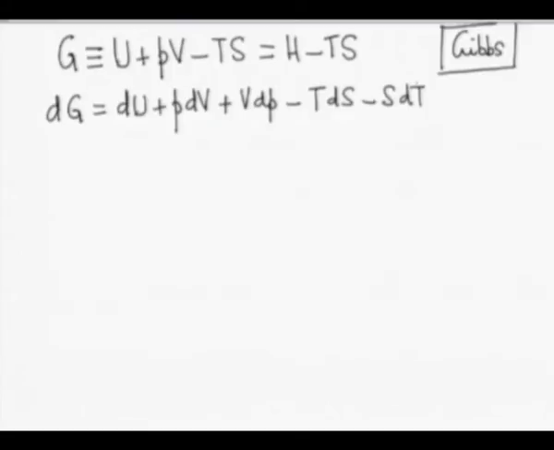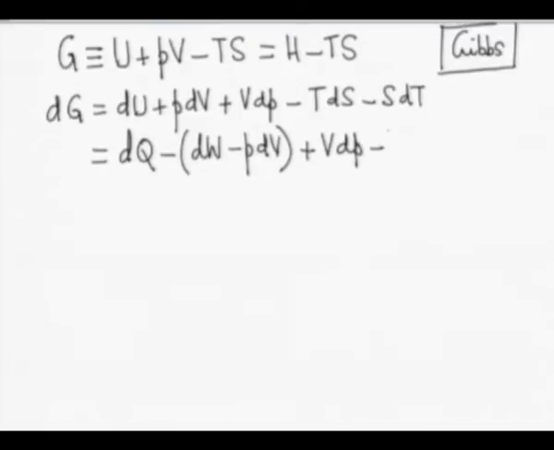Now dU is dq minus dw. So this will be dq minus, I will do this thing, dw minus PdV, I will take this PdV inside, plus VdP minus TdS minus SdT. So I have expanded dU and I have used the first law. And now I notice that this dw minus PdV is dw other.